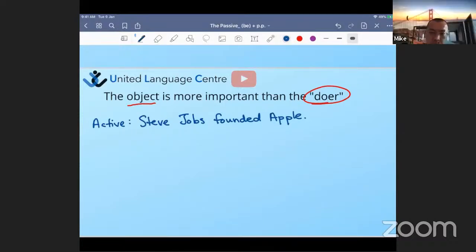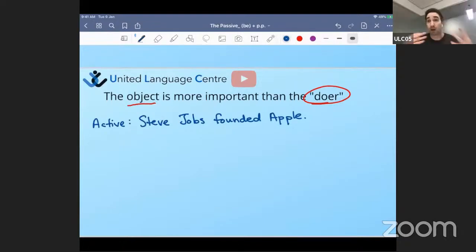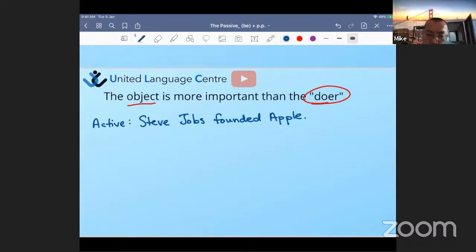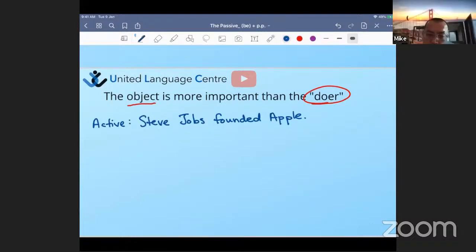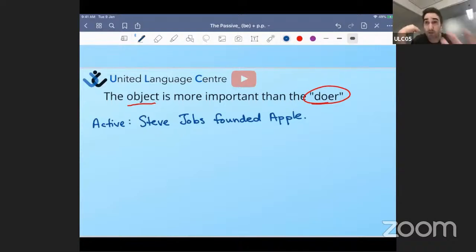Steve Jobs, Apple, iPhone, iPad, MacBook, all those things. Steve Jobs founded Apple. Now, in this sentence, the focus is Steve Jobs. Maybe I'm reading a book or an article or a blog post on the internet about Steve Jobs.